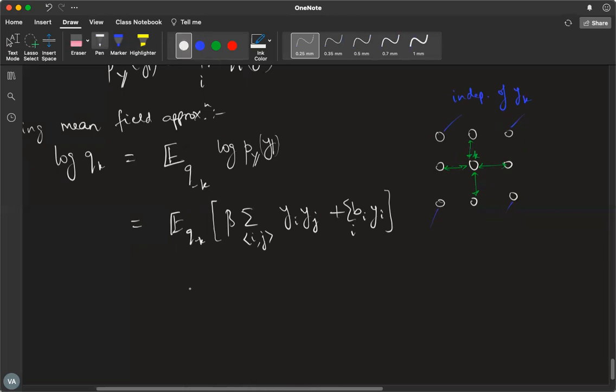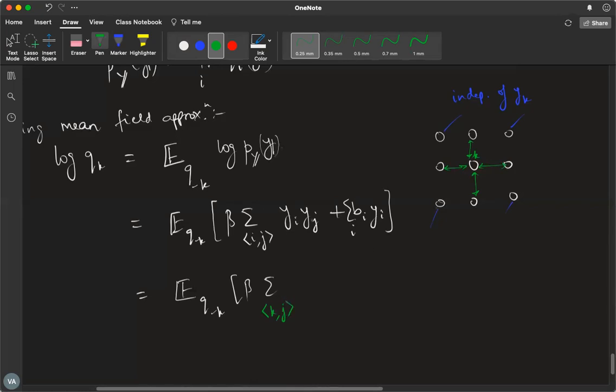So basically this is equal to the expected value of q of minus k of beta summation over i comma k, yi yk. So basically what we are doing is, in this summation we are only considering these 4 links. So I will say summation over k comma j. It could be anything, i or j.